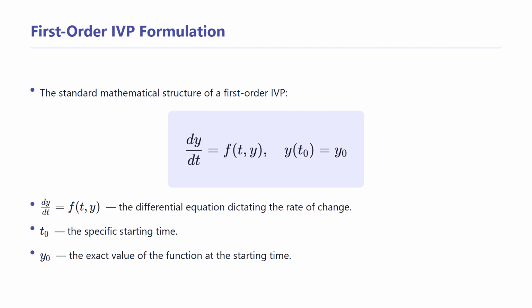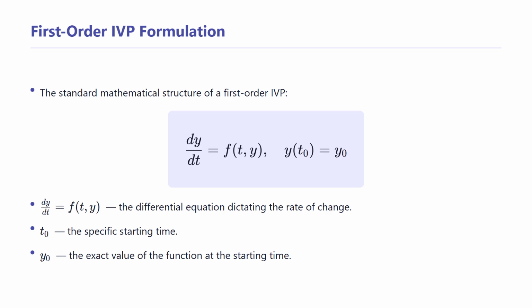This brings us to the formal mathematical expression of a first-order initial value problem. Conceptually, this formula combines the general rule of change with a specific starting snapshot. The first part is the differential equation itself, telling us how the system changes over time. The function f dictates the rate of change of our variable y with respect to time t.